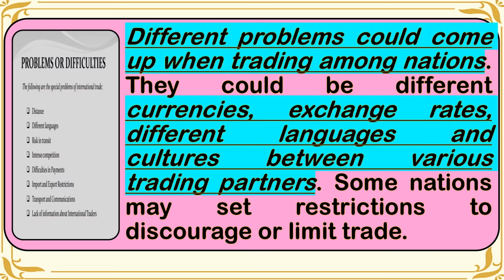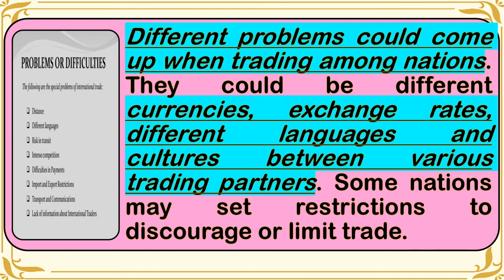So, class, different problems could come up when trading among nations. There are also difficulties that occur when you do world trade, like currencies. They could be different exchange rates, where the value of your money fluctuates, different languages, and of course, culture as well between various trading partners.